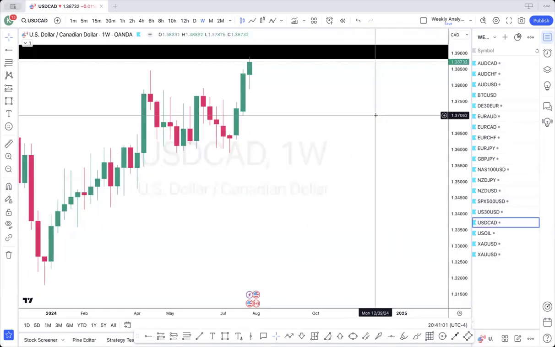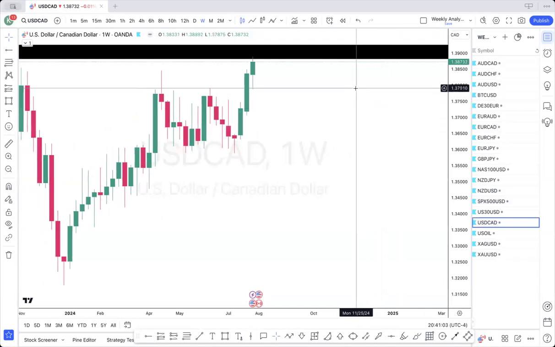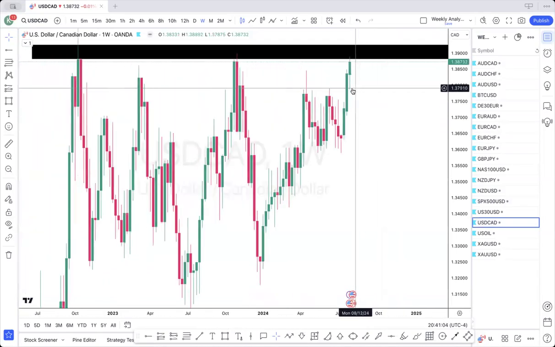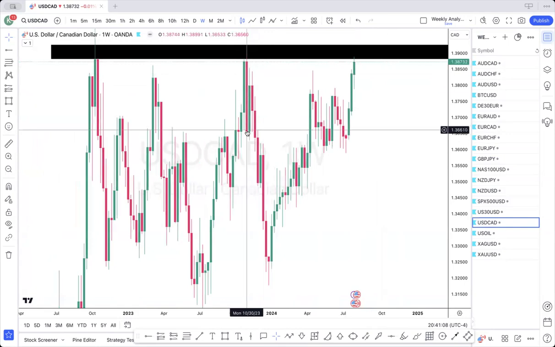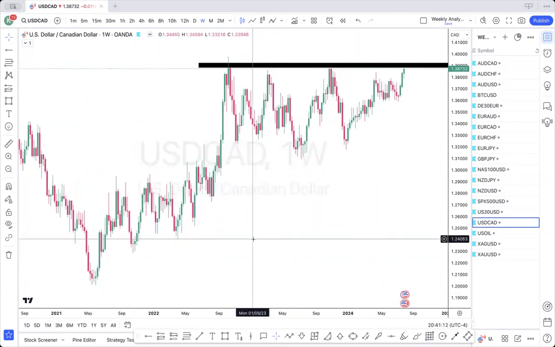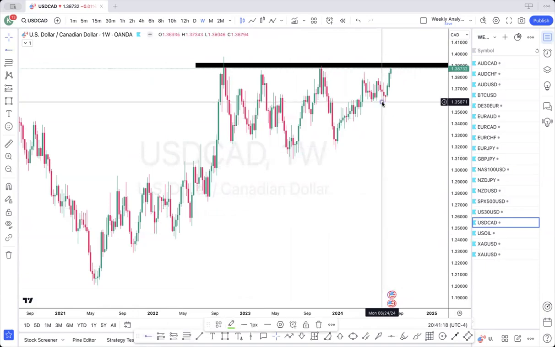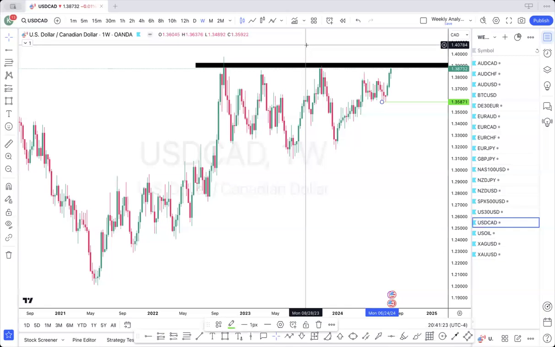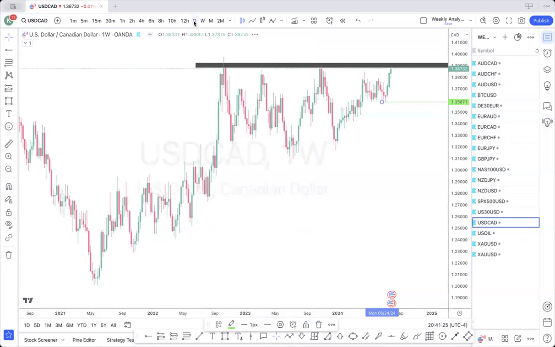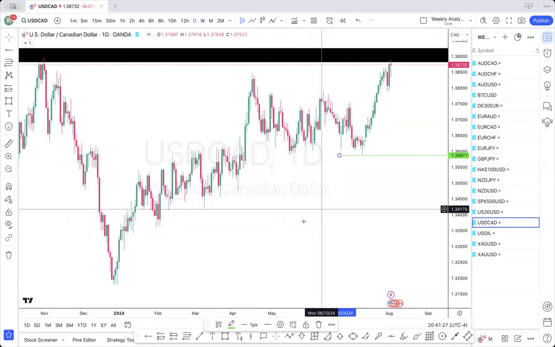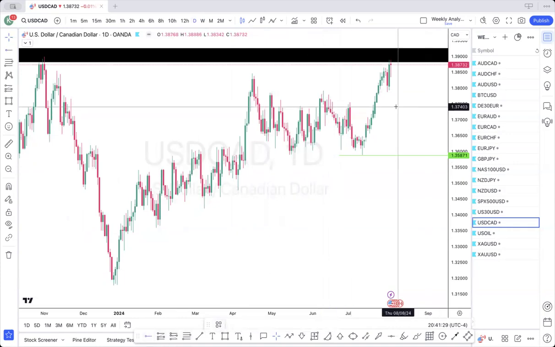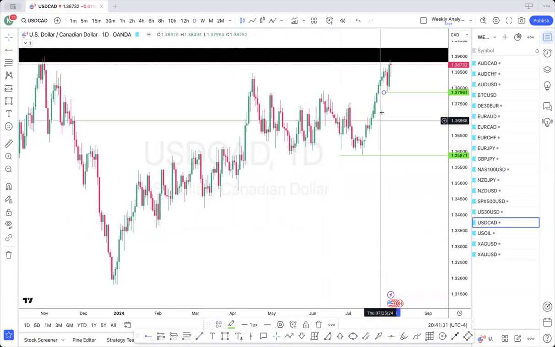And USD CAD. USD CAD is currently at an order block, the wicks of the order block. So for USD CAD right now, this would be the low that you would want to see break based on a weekly. If you are more of an intraday trader, this is currently your low here.